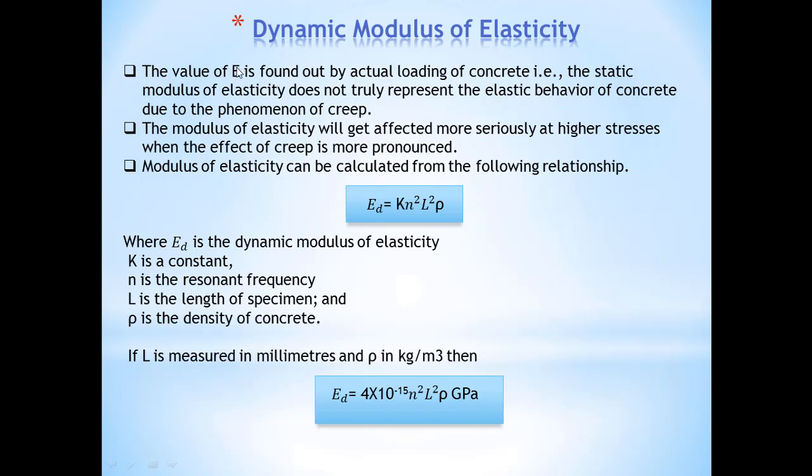Here E represents the modulus of elasticity from the static modulus of elasticity which we had seen previously. So we can't find the exact elastic behavior of the concrete due to the creep. We will know about creep in the coming video. So we will find the value of E using the dynamic modulus of elasticity.